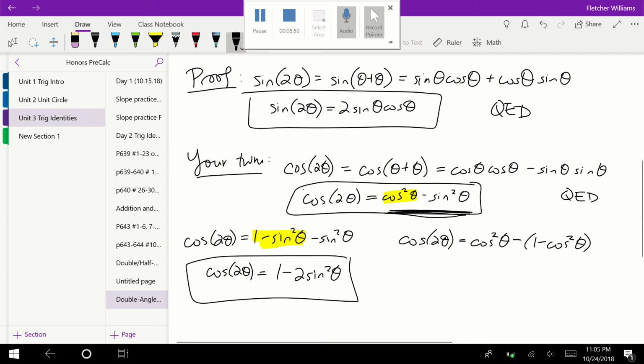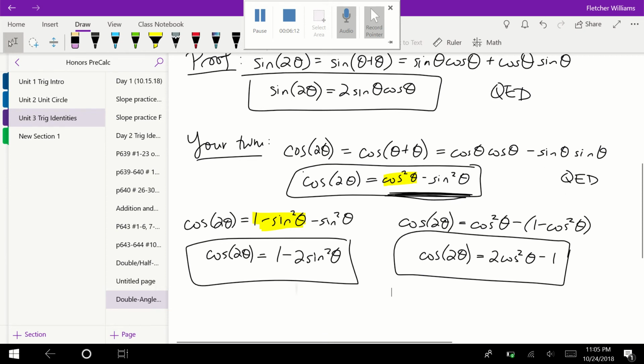Like that. And so that simplifies out to just 2 cosine squared theta minus 1, when you distribute that negative. So you have 3 equivalent expressions for cosine of double angles.